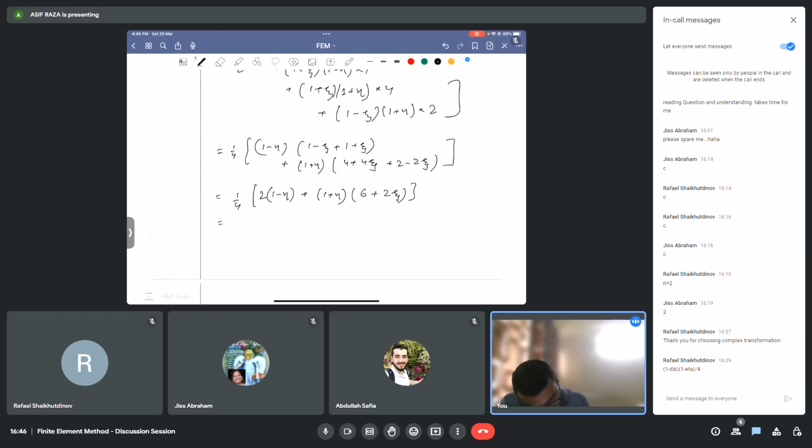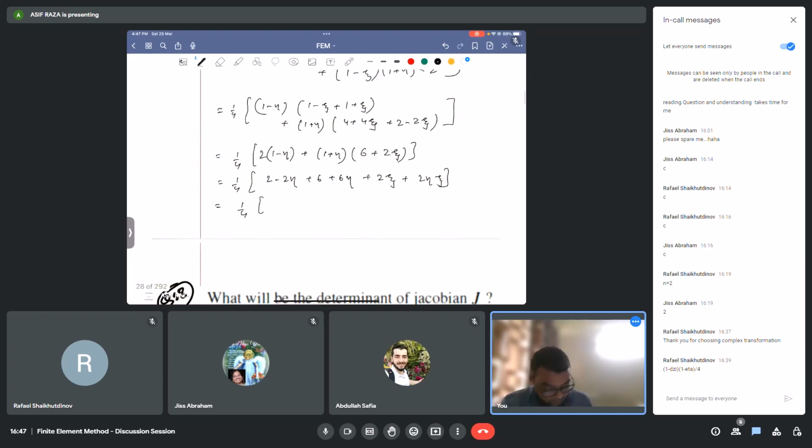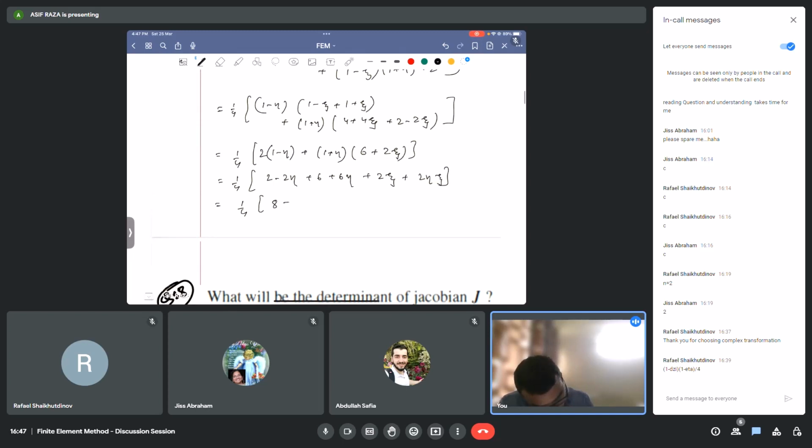Okay, further simplification, 2 minus 2 eta, 6 plus 6 eta, 2 xi, 2 eta xi, equal to 1 by 4, and this is equal to the constants will give me 8, eta, 4 xi as 2 xi and 2 eta xi.